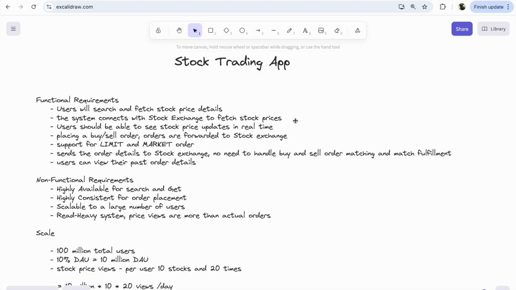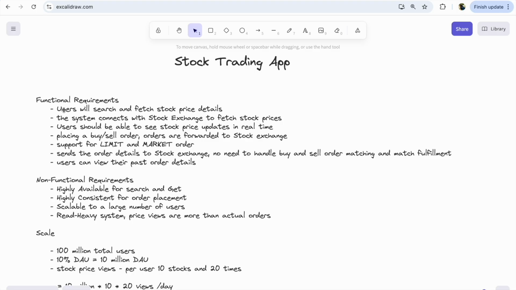So here a few things we have to think about is the prices are coming from the stock exchange. We have already discussed the stock exchange system design in our previous video, but from the stock exchange basically we are getting the stock prices.